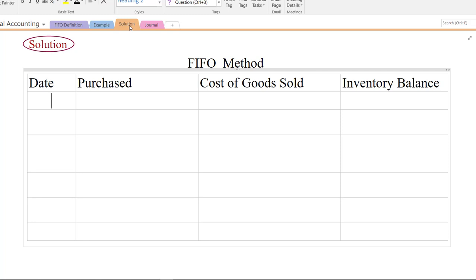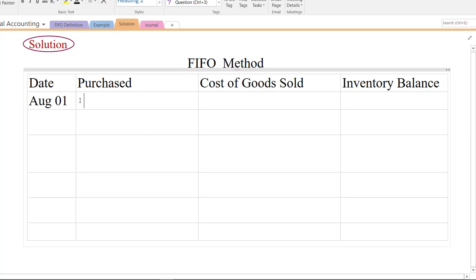In the first part, what we have is beginning inventory. The first thing that we have is beginning inventory. Now let's look at when the beginning inventory is. Students, we have beginning inventory on 1st August. So in the date, I will write 1st August, right? 1st August is the date. Now I'm coming to the purchase, how many units are purchased, right?